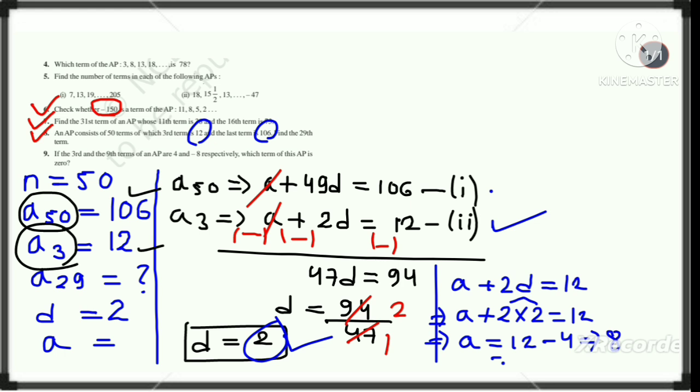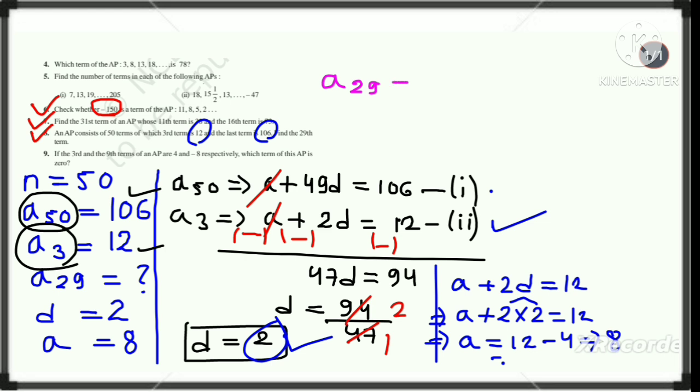In this way, we have obtained a, that is the first term, is 8.